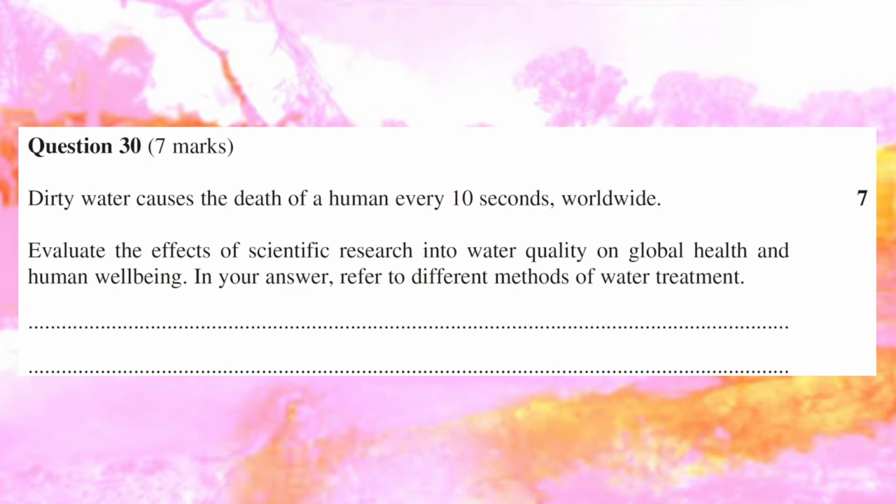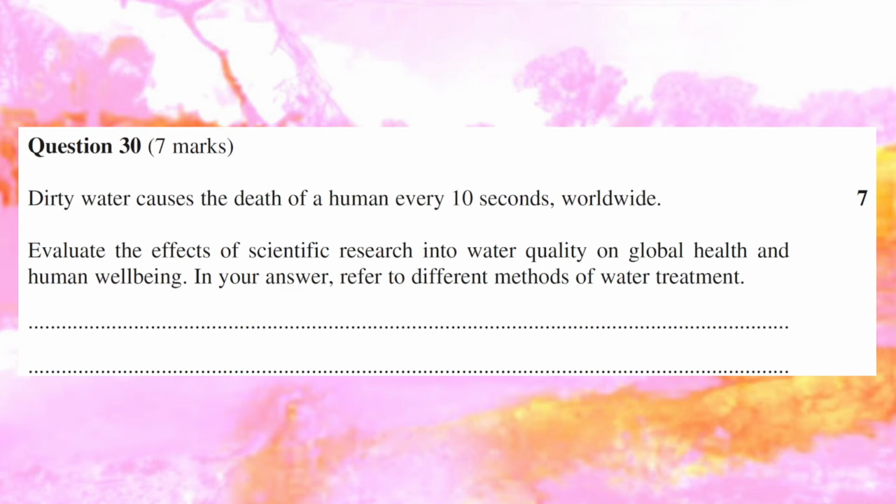And you can use examples. You can talk about poorer countries where they don't have water treatment, where people die of diseases like cholera and other things that spread through water. And of course, the idea of human well-being is a little bit of a vague concept, but it's how happy you feel. If you're not getting dysentery and cholera and diseases like that, you're probably a lot happier than people that do.